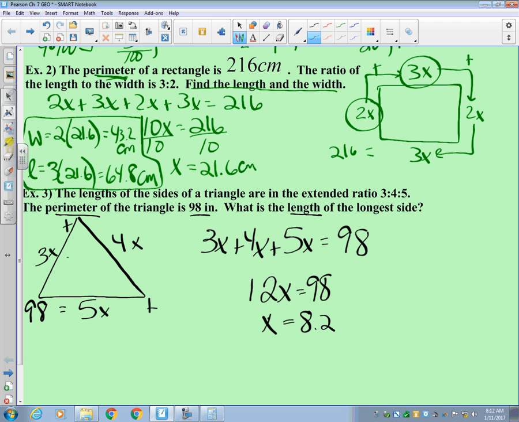Does that answer what the question is asking? No, it does not. What is the length of the longest side? Well, the longest side is going to be the side that multiplies our x by 5. So we're going to take 5 and multiply it by 8.2.